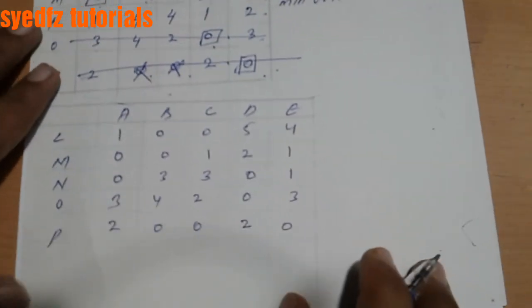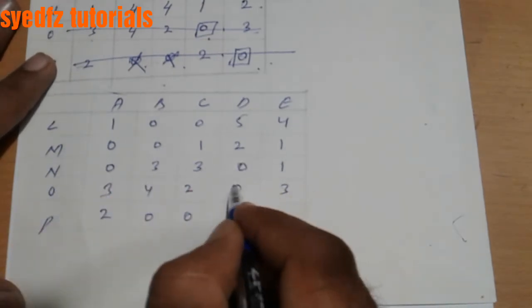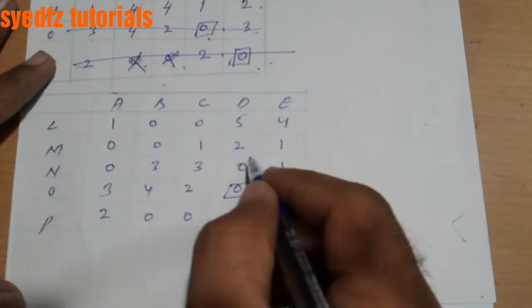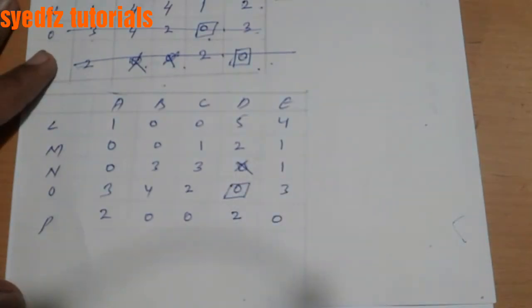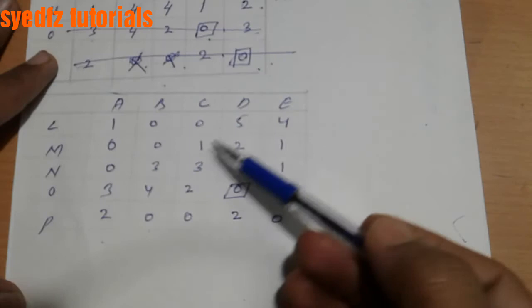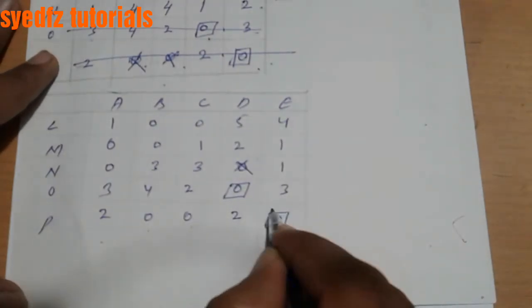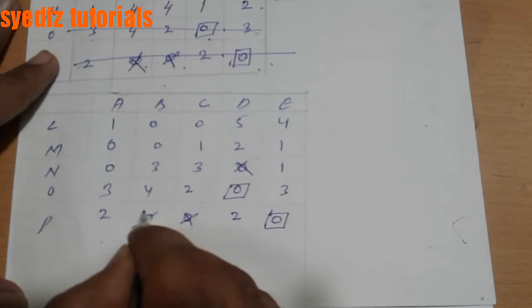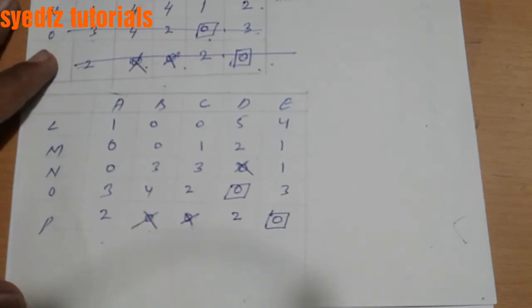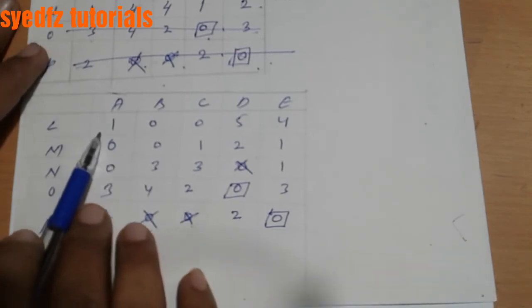Now again assign. Single 0 is there, single 0, single 0. This is a single 0 in this line, so this one will be deleted. Here is there any single 0? No. Now go for column wise. Single 0 no, single 0 no, single 0 no, single 0 no. Here is a single 0, so this 0 will be affected, it will be crossed. This column wise is over. Now go for single 0 row wise.